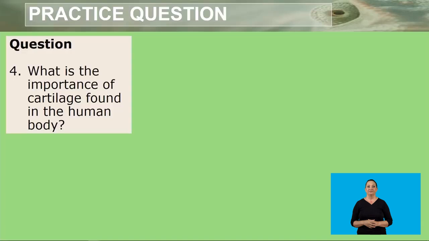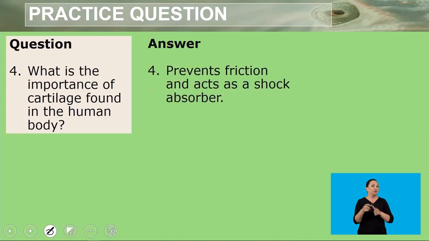It asks, what is the importance of cartilage found in the human body? Number 1, it prevents friction and acts as a shock absorber.